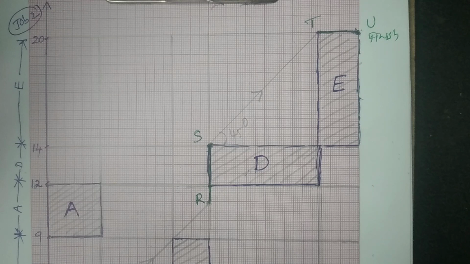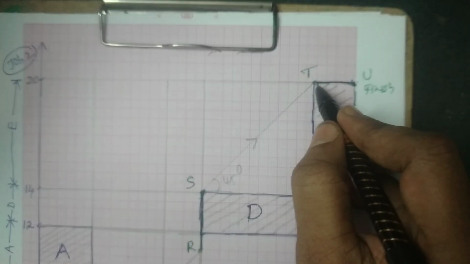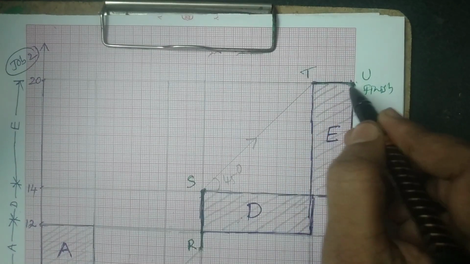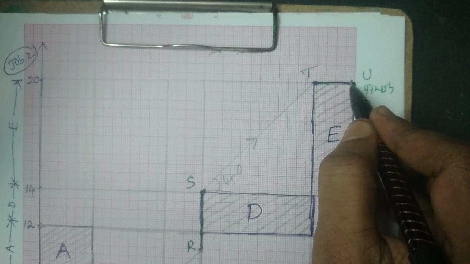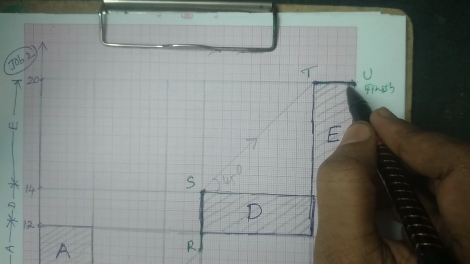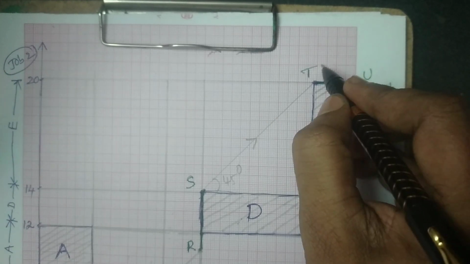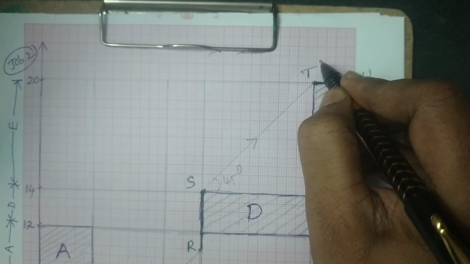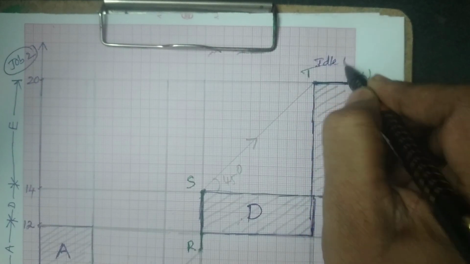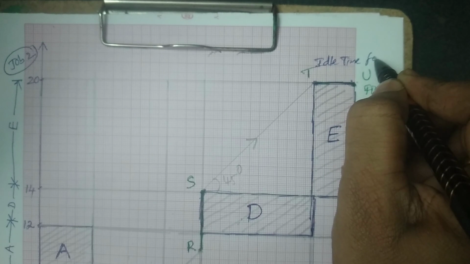Clear? Therefore the horizontal line represents idle time of job 2. This is the horizontal line, shaded with green, or we can consider it the bold line. This is the idle time for job 2.